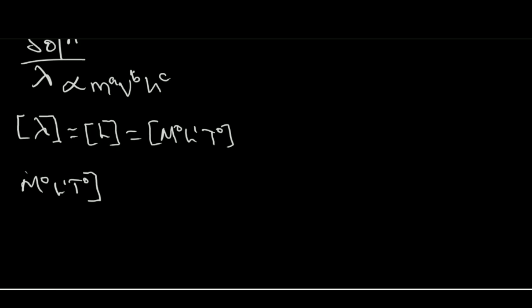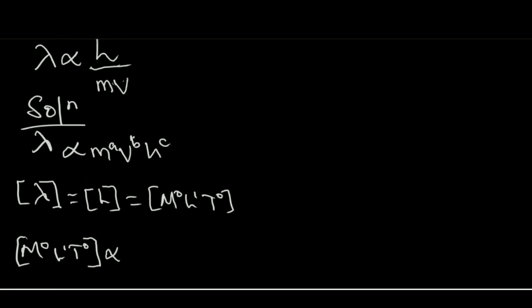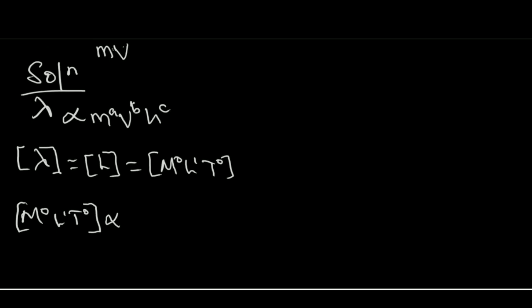Then this is directly proportional to. I'm not changing this to an equal sign because what we've been given is simply proportionality. Then mass is m to the power a, and v is L t to the power negative 1 raised to the power of b.